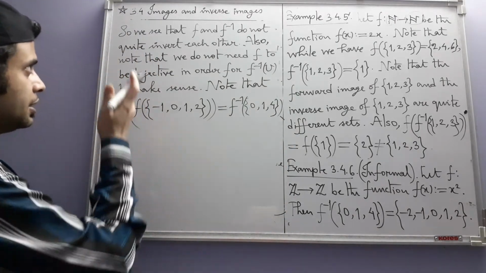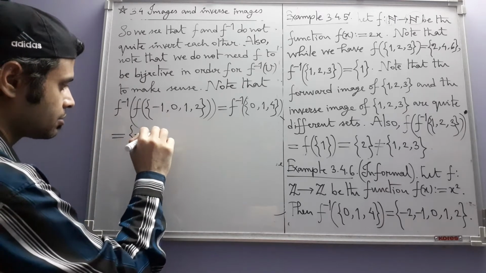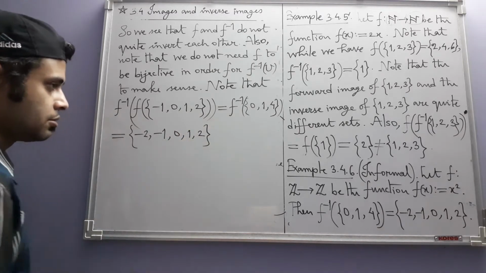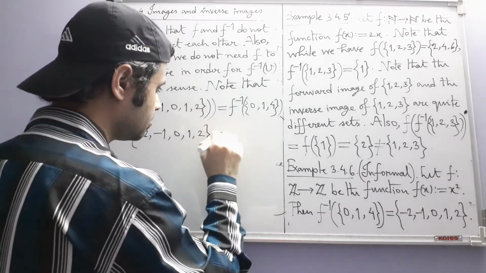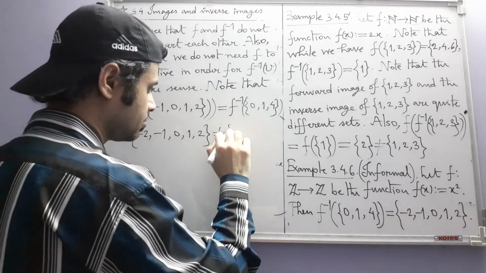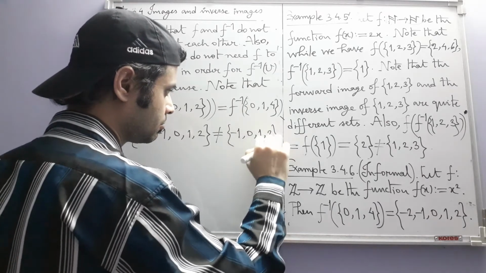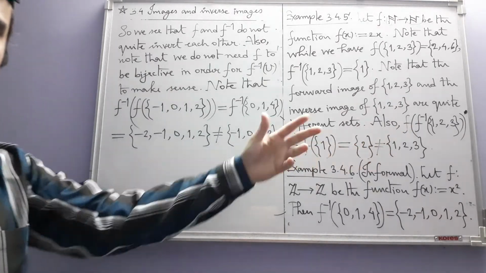And as we have seen just now, this is {-2, -1, 0, 1, 2}. So you see the difference here, and this is also not equal to the original set. The difference between this situation and this situation is now clear.